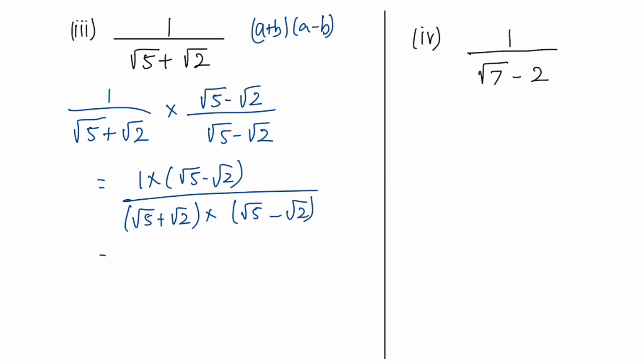So that further gives you root 5 minus root 2 divided by root 5 squared minus root 2 squared.